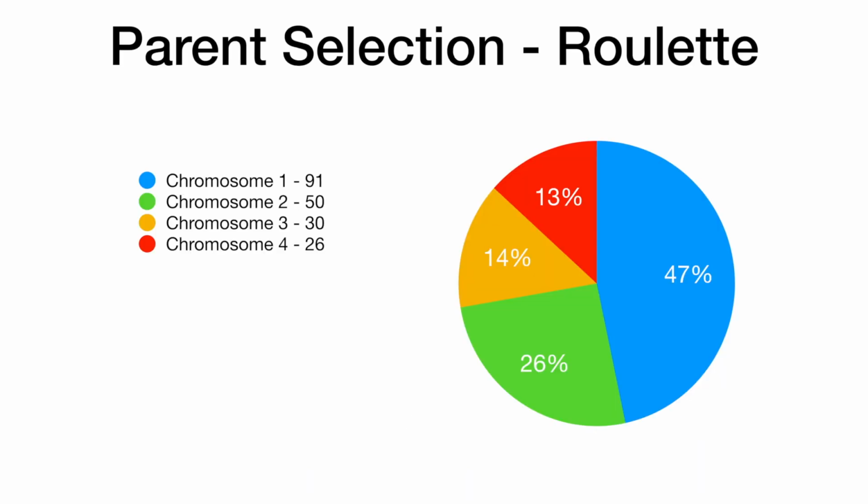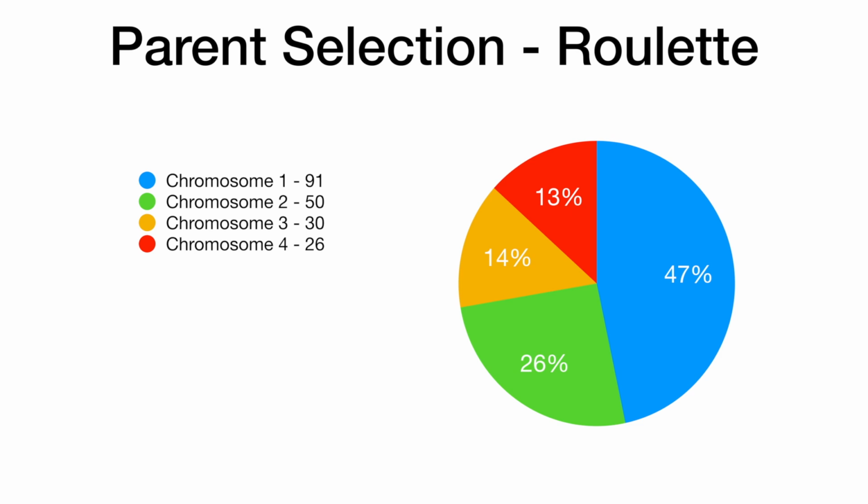Okay, the next part is parent selection. To create an offspring, we have to choose parents. We have to choose chromosomes that we will use to cross over and to create offspring. There are many ways to do that. Two of the most popular ones are roulette. The better the parent is, the higher is the chance of choosing it.